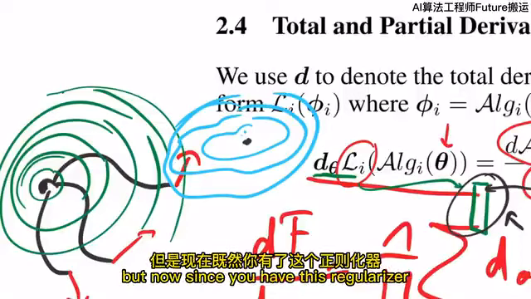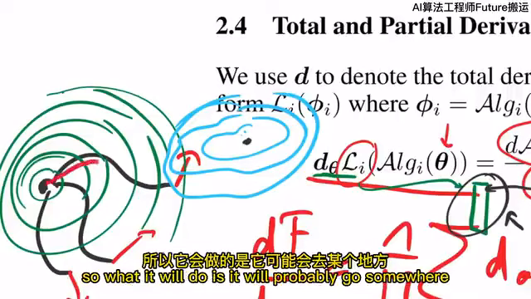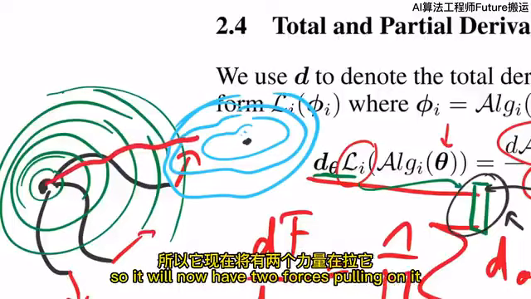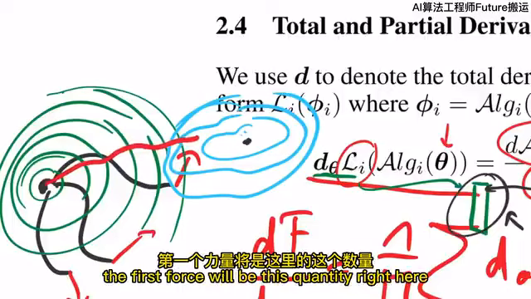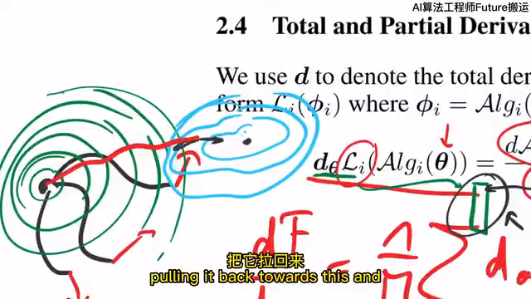But now, since you have this regularizer, SGD needs to find a trade-off point between the two. So what it will do is it will probably go somewhere and stop somewhere here. So it will now have two forces pulling on it. The first force will be this quantity right here, and the second force will be pulling it back towards this.